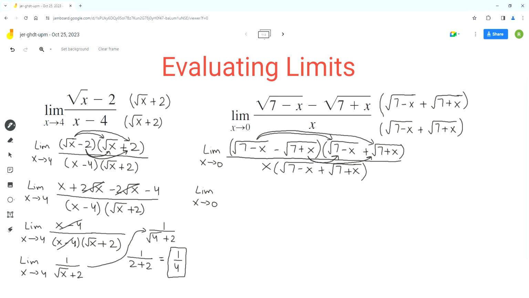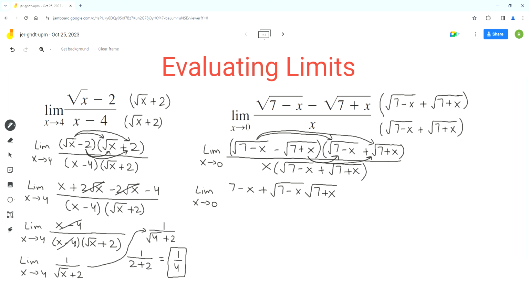So square root of 7 minus x times square root of 7 minus x is just 7 minus x, because they are the same terms, so the square roots cancel each other out. So now we do square root of 7 minus x times square root of 7 plus x.